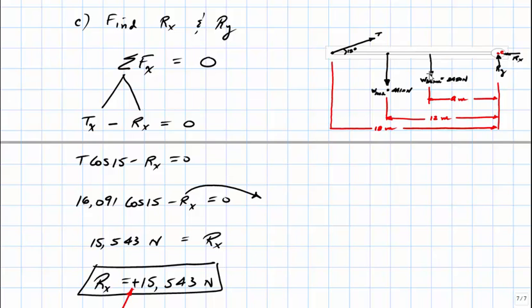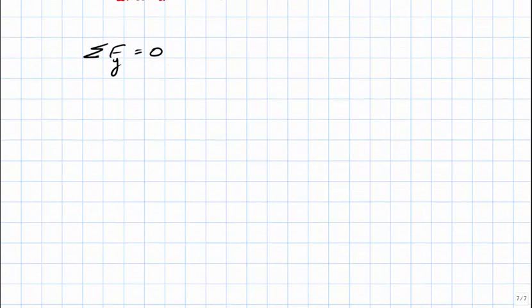The weight of the beam is also directed in the negative y direction. R sub y is directed upward, and r sub x, of course, is directed purely along the x-axis, so it does not contribute to the y direction. And therefore we have 1, 2, 3, 4 fingers that must be extended from this summation.